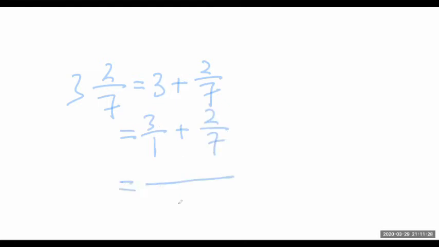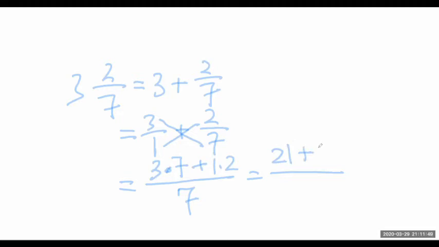So 1 times 7 on the bottom, on top 3 times 7 plus 1 times 2. So that gave us 21 plus 2 over 7, that's 23 over 7, right? We good? Okay.